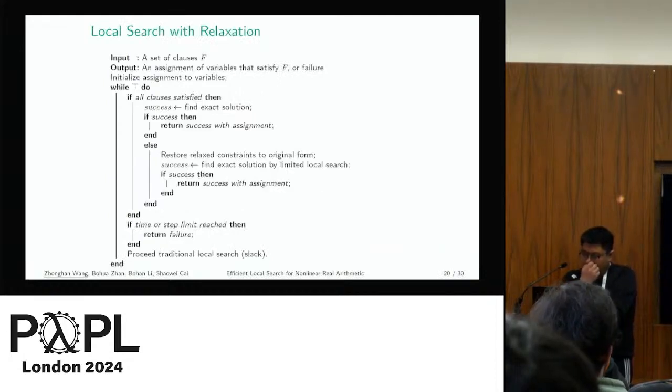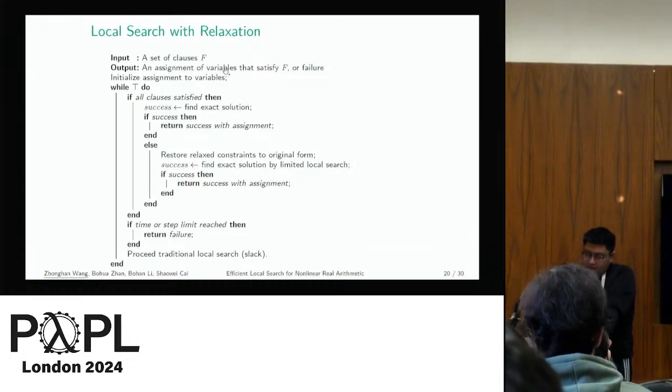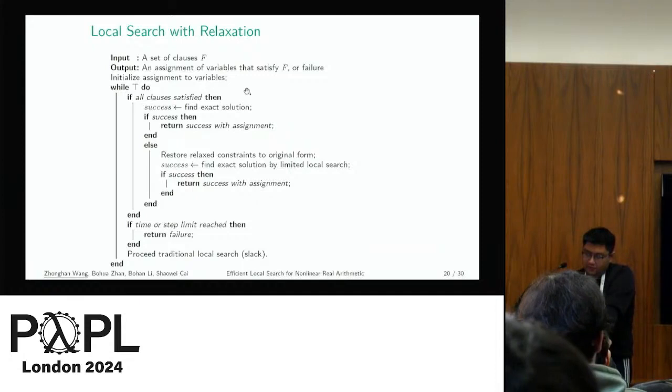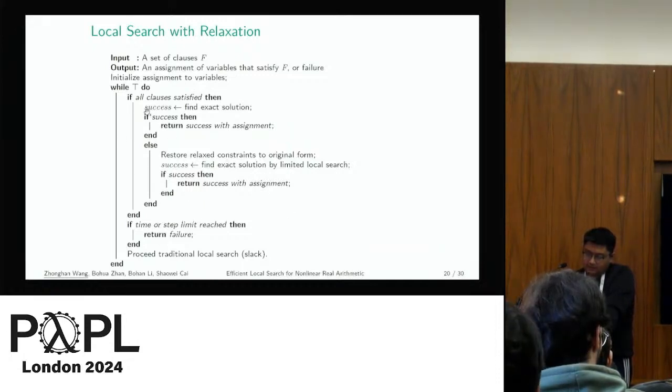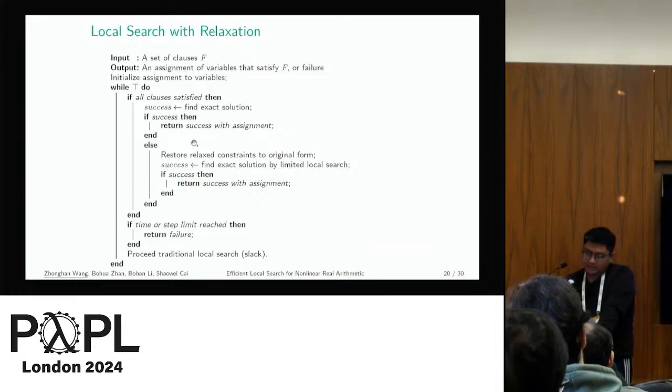Here is the whole algorithm with the relaxations. Its main part is a traditional while loop, and here is the example. Here is the difference: if all clauses are satisfied, we do not return success right after that, because some clauses may be selected, and we try to restore the relaxed constraints to original form.